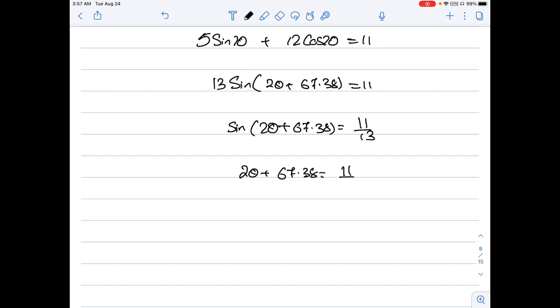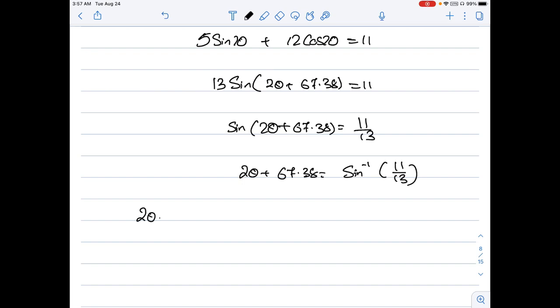But it should be sine inverse 11 upon 13. Sine, I bring this side, so it becomes sine inverse 11 upon 13. So quickly take the calculator and do sine inverse 11 upon 13. It should be giving you 57.79. But it's between 0 to 180, the first two quadrant values.